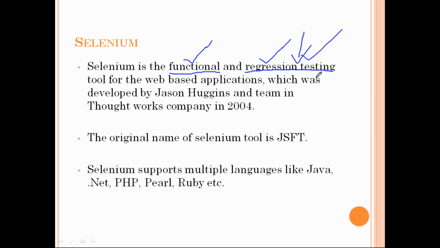The changes made by the development team should not block other functionalities from working. So in order to make sure all the functionalities are working fine in our application, we'll go with regression testing. Regression testing is we are going to test the modified application.